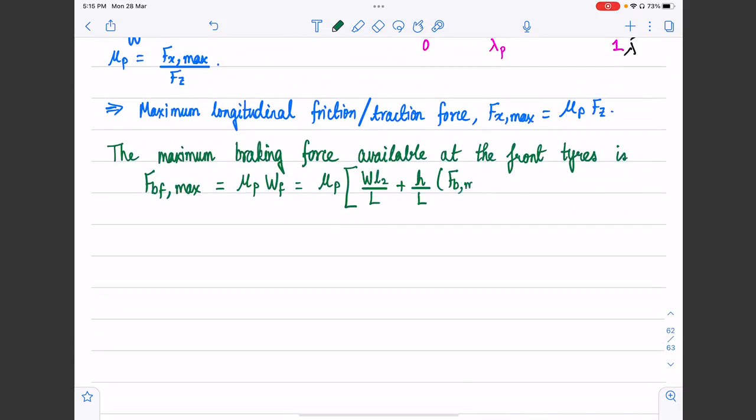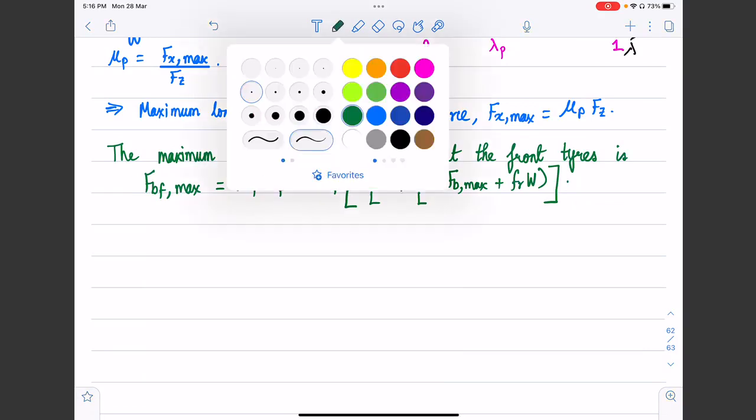Now we are considering the case where we are looking at the maximum brake force, so we will just substitute FB max instead of FB. I hope it is clear why we are doing this, because we are considering the case where we are looking at the maximum braking force available. So that's why we are making this change.